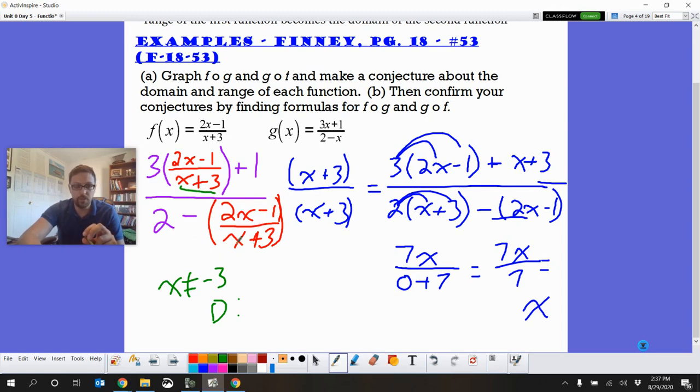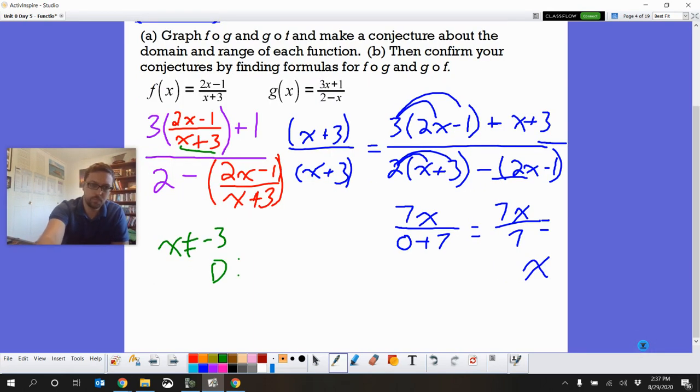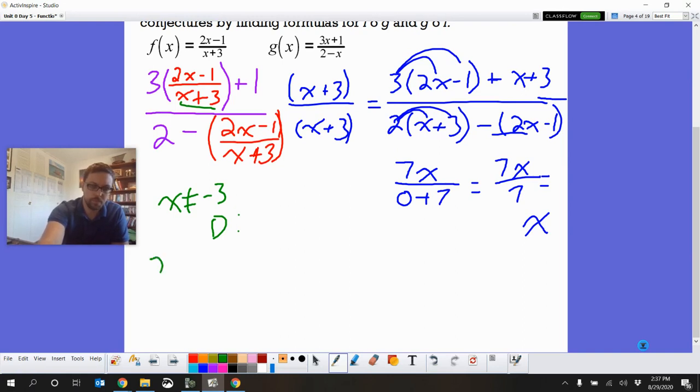So whatever would make this be a 2? So 2x minus 1 over x plus 3. If this ever equaled 2, we'd have a 0 in that big purple denominator, and that's no good.